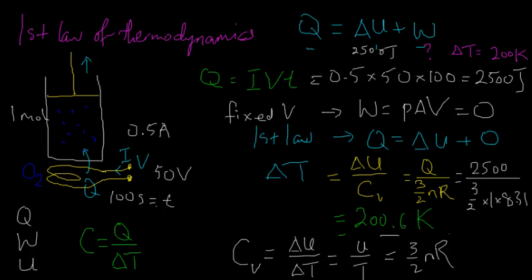Now, atmospheric pressure is 1.031 times 10 to the power of 5 Pascal. That's the atmospheric pressure. That's my P.